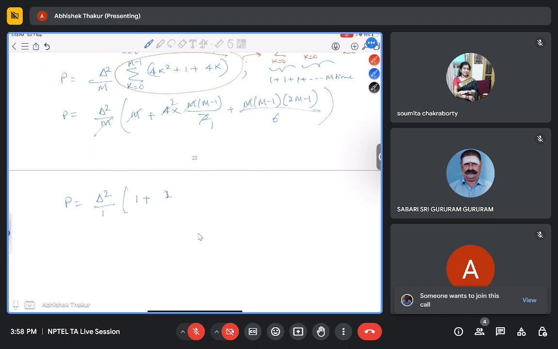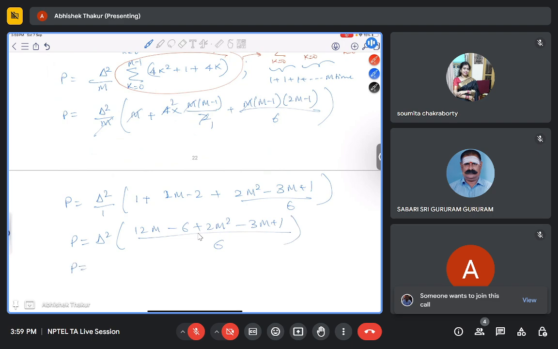This will become now 2M minus 2, plus, minus 2M minus M, that is minus 3M plus 1 by 6. 12M minus 6 plus 2M square minus 3M plus 1 by 6.